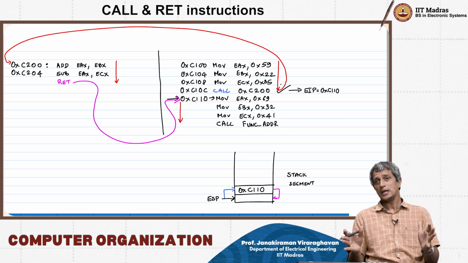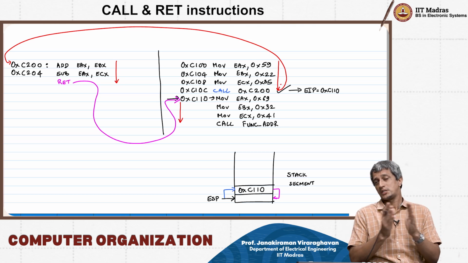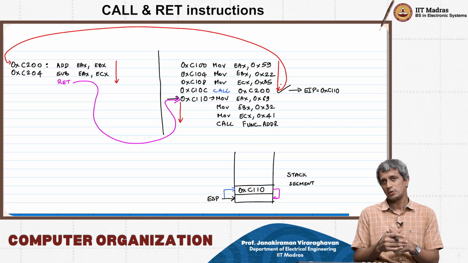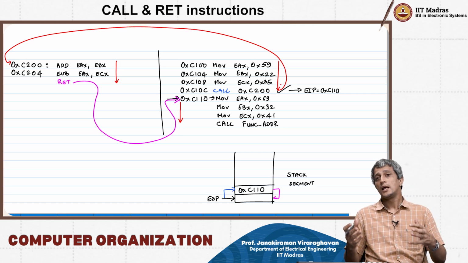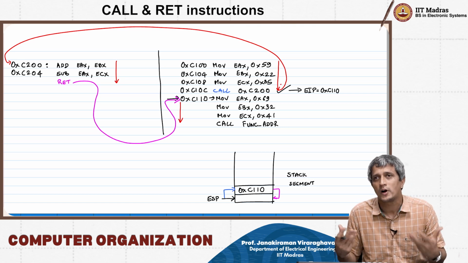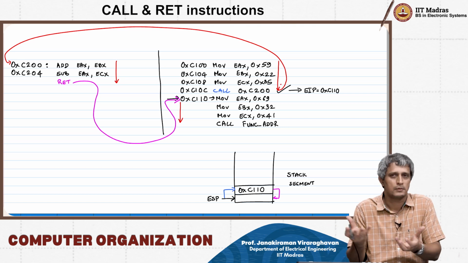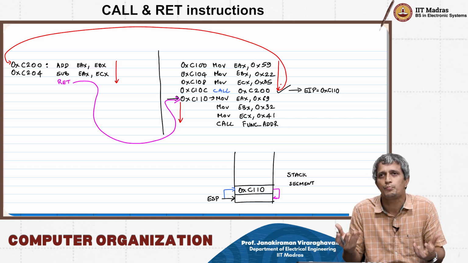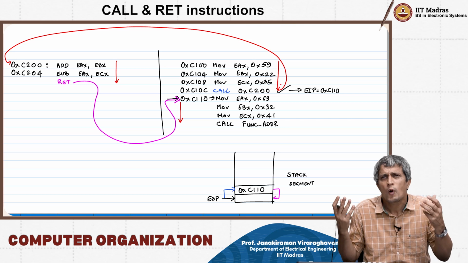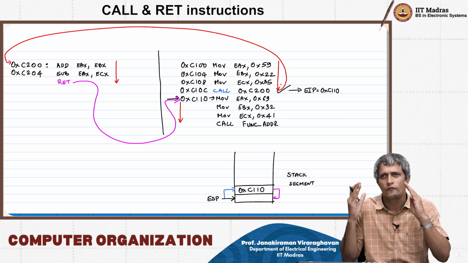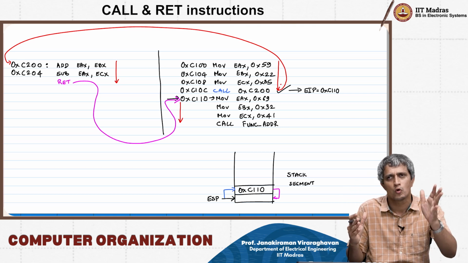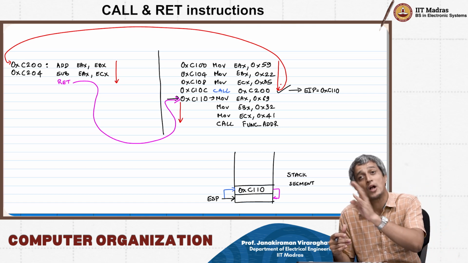You will see later, when we look at how a C program is taken to assembly, that you can make any number of function calls, and this very simple idea works wonderfully well. From every function, you know where to go, do something, and where to come back.